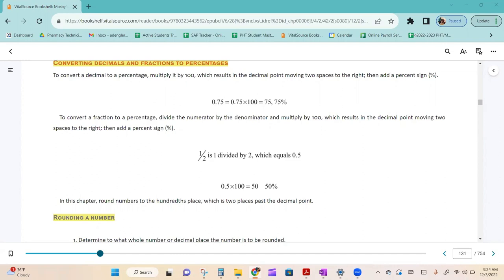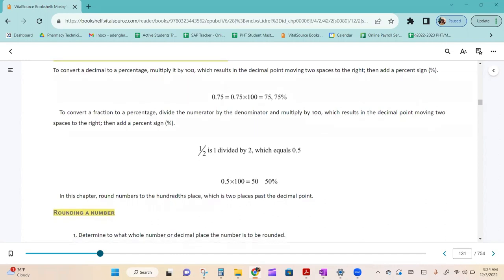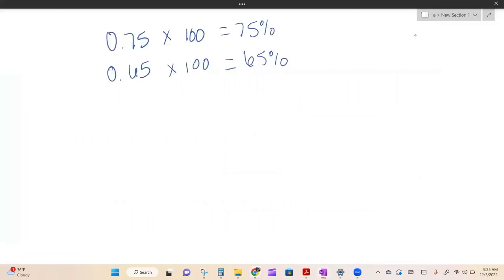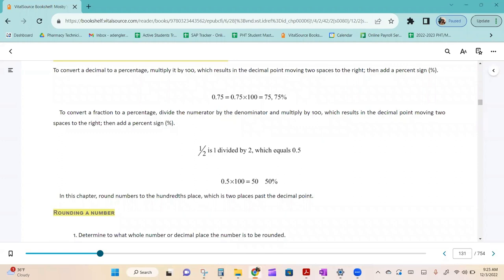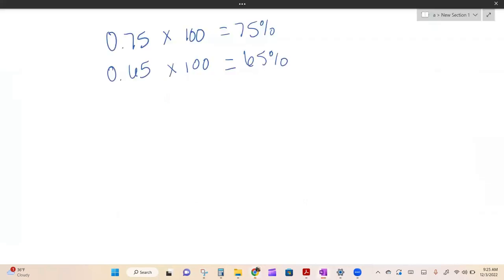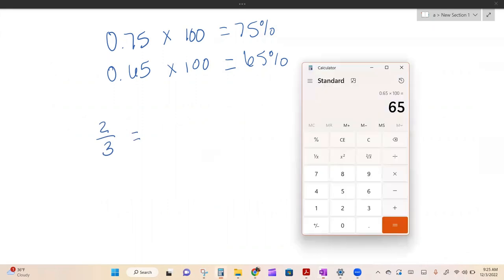So to convert a fraction to a percentage, first we need to turn it into a decimal, just like we did in the other example before this. So they have 1/2, which is 50%, which most of you probably know. Let's do 2/3. First we need to turn it into a decimal.